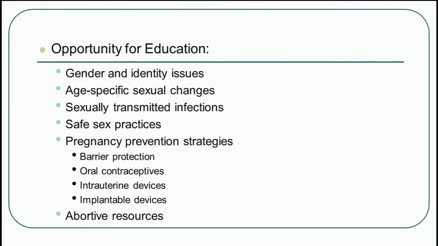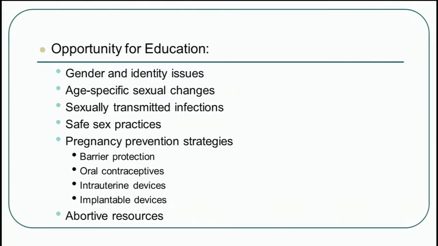For example, providing resources for a transgender patient, letting them know that there are transgender communities and support groups there and resources. Whether it's age-specific sexual changes, for example, discussing with your adolescent patient what puberty looks like, what's normal, what's not normal.